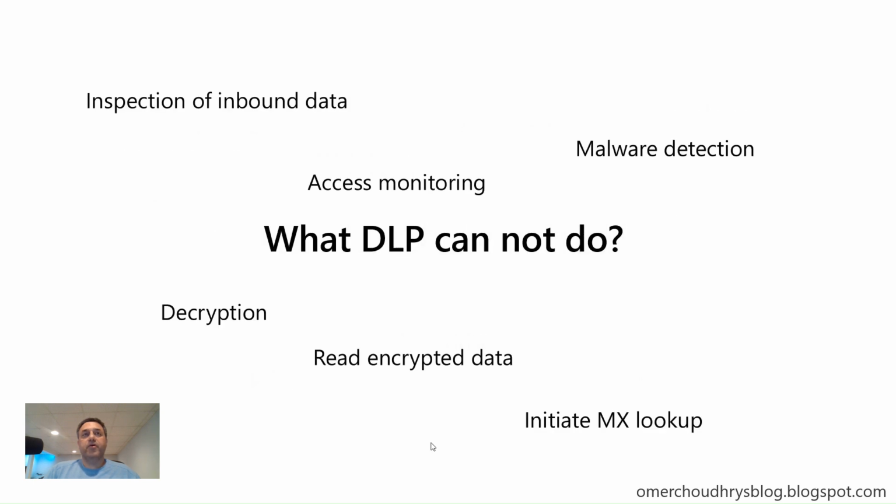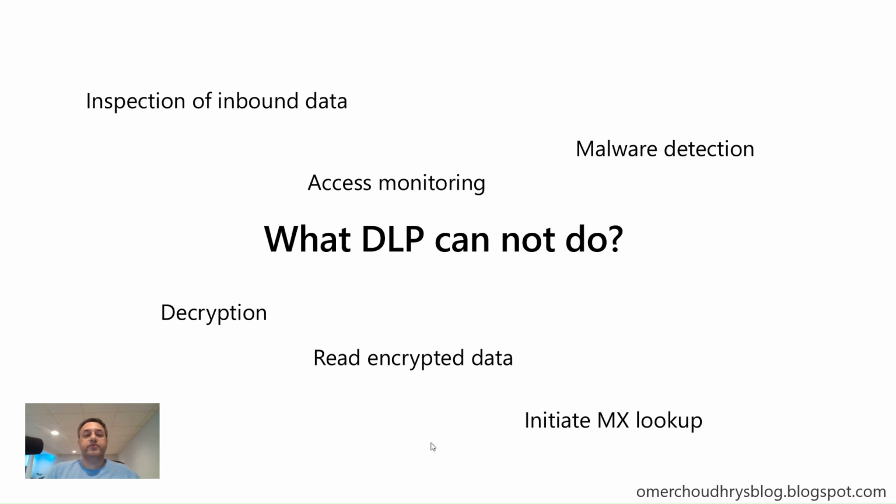However, there are some limitations for our DLP solution, like it is unable to inspect the inbound data because it is only concerned about the egress points or where data will be going outside the organization. It cannot monitor the access of a file, like how many times someone tried to open a file.